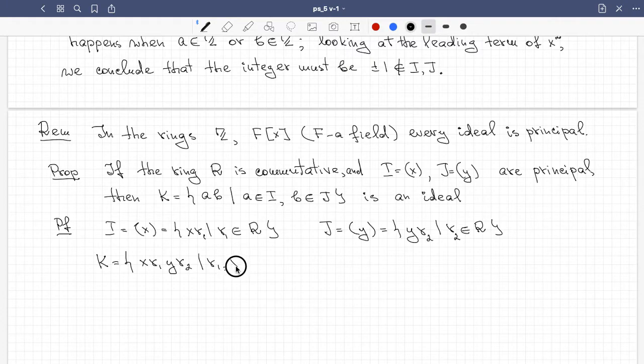R1 and R2 are two arbitrary elements of R, which is xy times the product of two arbitrary elements of R. I used the fact that I assumed the ring was commutative.